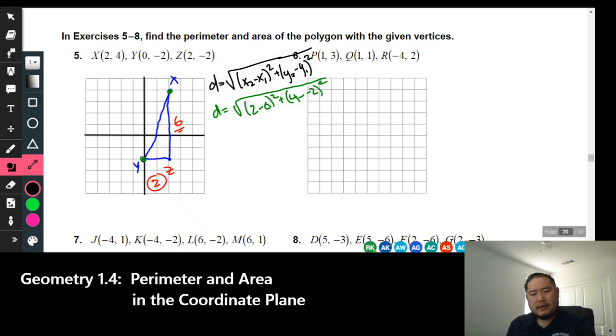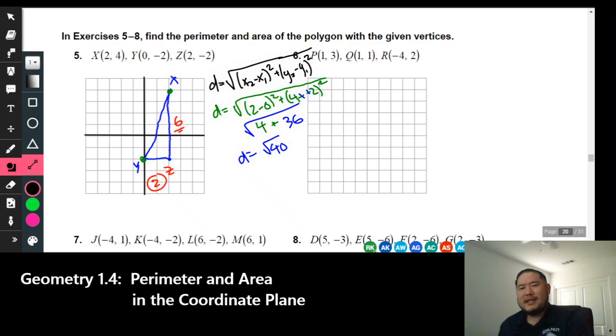Let's simplify things out. 2 minus 0 is 2. 2 squared is 4. 4 minus negative 2: remember, when we're subtracting, we add the opposite. So we can change our signs, and that gets us 6. And 6 squared is 36. When we simplify this, we can put this as the square root of 40.